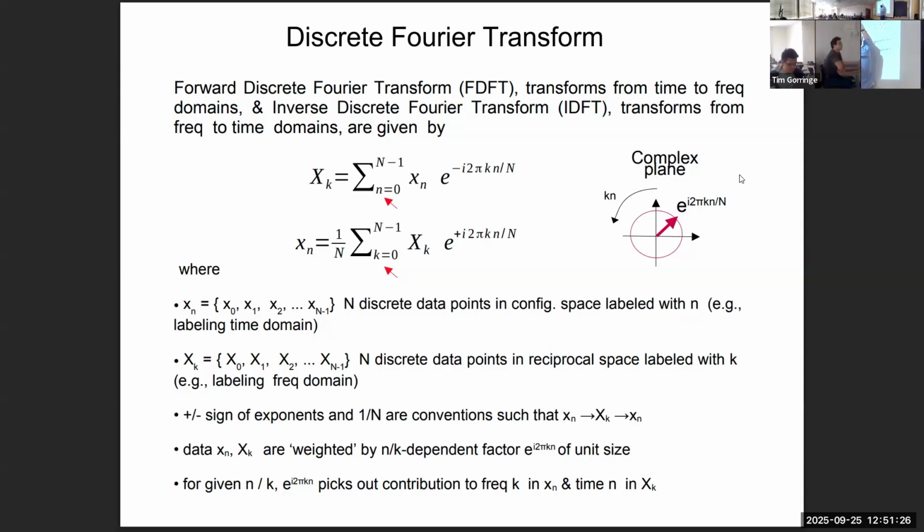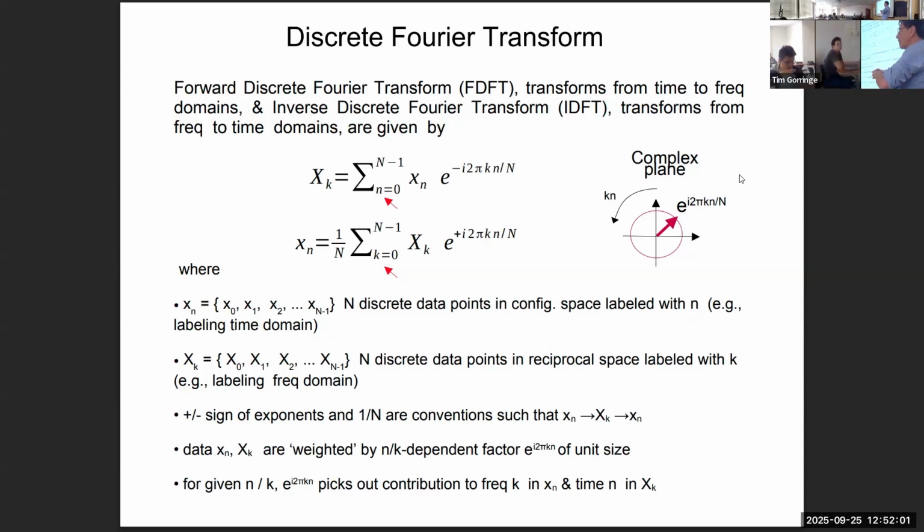The other thing I wanted to say was a little bit about, well, what's the weighting by a complex number, this exponential term? What's that weighting doing? What that weighting does is, when it goes from time domain to frequency domain, it actually picks out the different frequencies so that you can build the frequency spectrum.